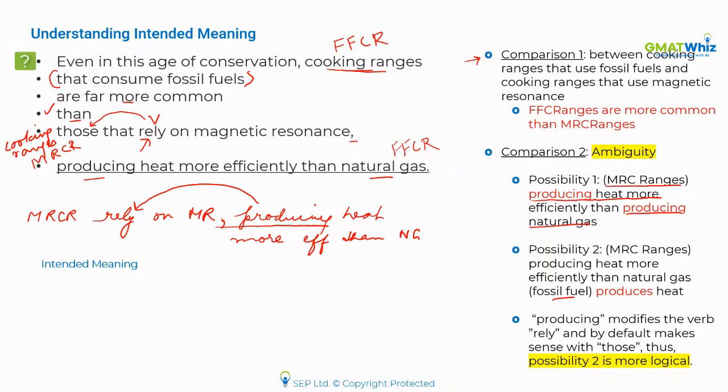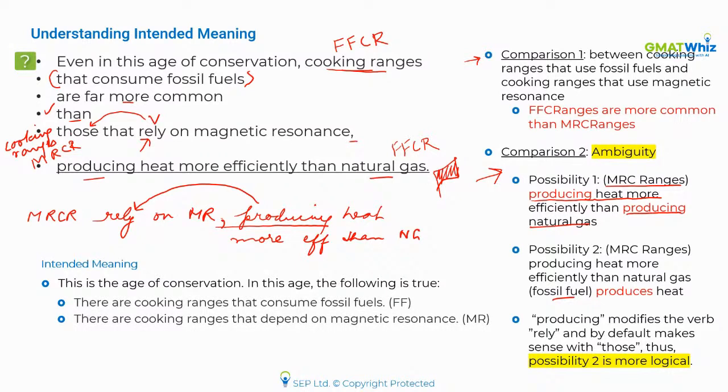All right, so clearly there is a red flag that is raised on this portion. Why? Because there could be two possible interpretations of this comparison. So the intended meaning that we have is, this is the age of conservation. In this age, the following is true. There are cooking ranges that consume fossil fuel. There are cooking ranges that depend on magnetic resonance.